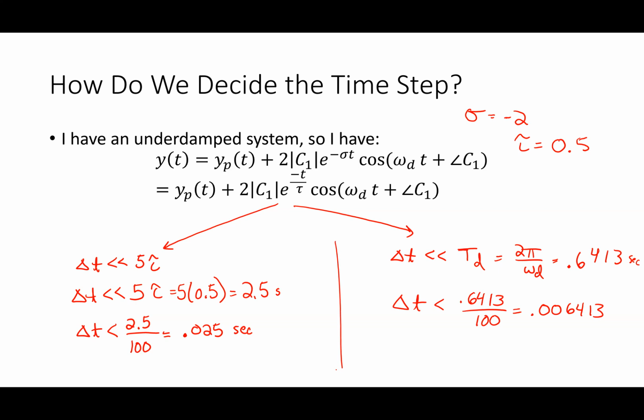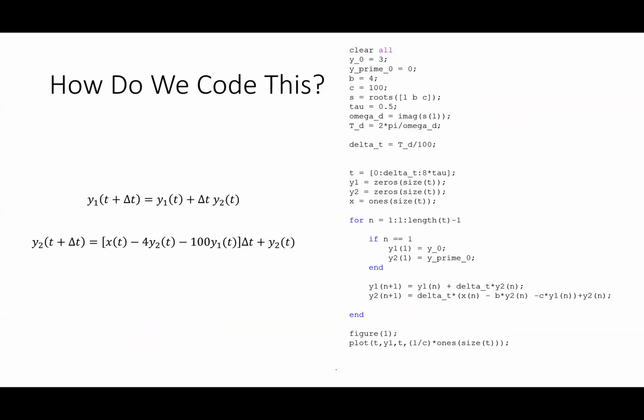So this tells me that my delta t needs to be less than 0.025 and less than 0.006413. So what should I choose? The smallest of the two, the smallest one that's going to capture all of the relevant time features. So I did that. Here, what I did was I said my delta t is this.